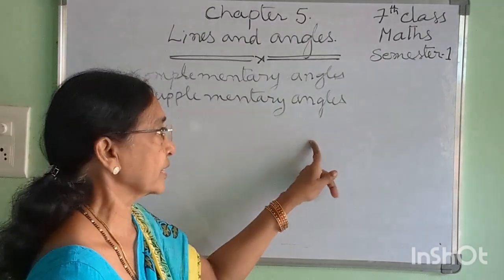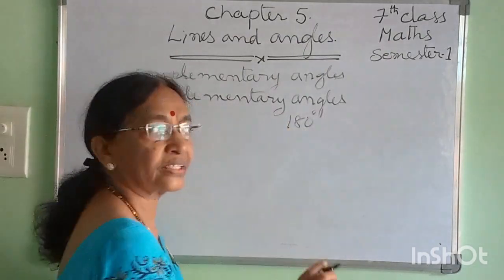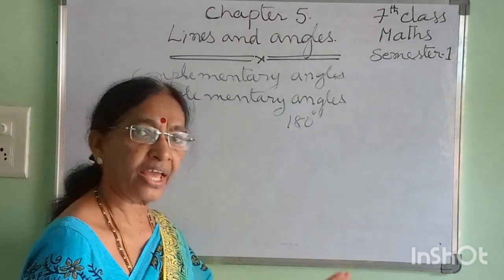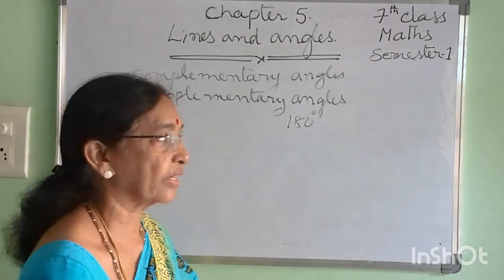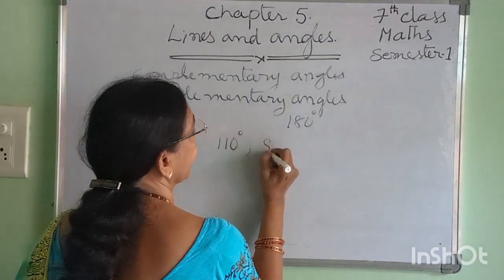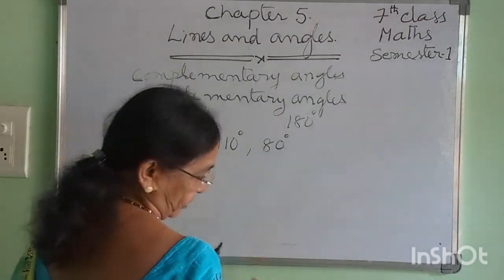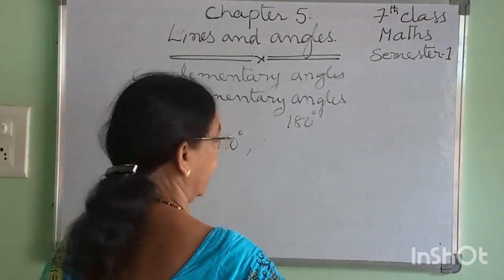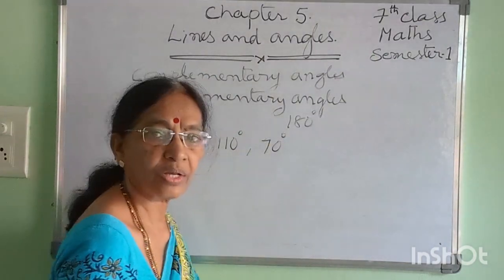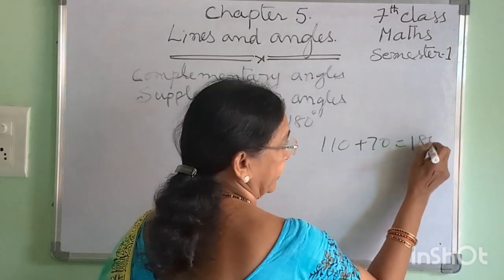Next, supplementary angles. If the sum of two angles is equal to 180 degrees, then the two angles are called supplementary angles, and one angle is the supplement to the other angle. For example, 110 degrees and 70 degrees are supplementary angles, because 110 plus 70 is equal to 180 degrees.